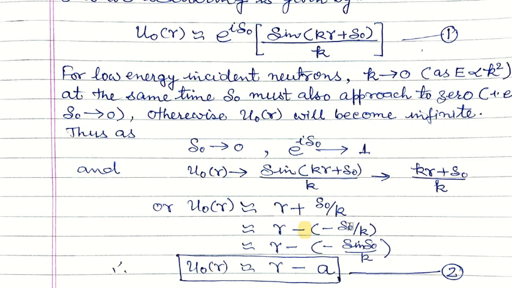Again here, since delta 0 tends to 0, in place of delta 0 we can write sine delta 0, because for delta 0 tends to 0, sine delta 0 also tends to 0. Now this whole value in this bracket, that is minus sine delta 0 upon k, is replaced by a, with the condition that k tends to 0, because we have assumed here k tends to 0.